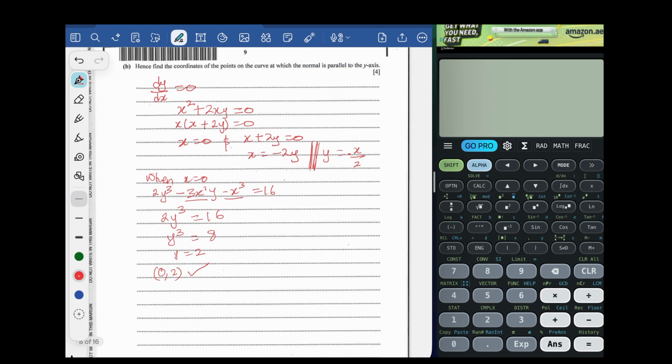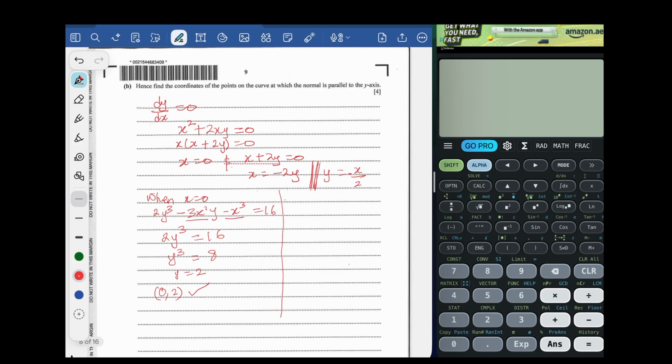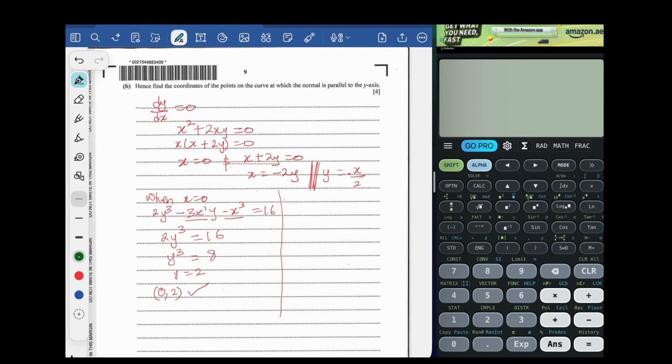Then for the other part, I'll do it on this side. For the other one, when y is minus x over 2, what do I have? 2 bracket minus x over 2 cubed, minus 3x squared, then bracket minus x over 2, minus x cubed is equal to 16.